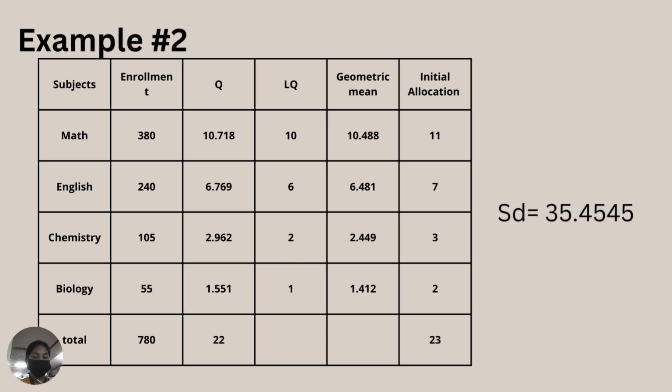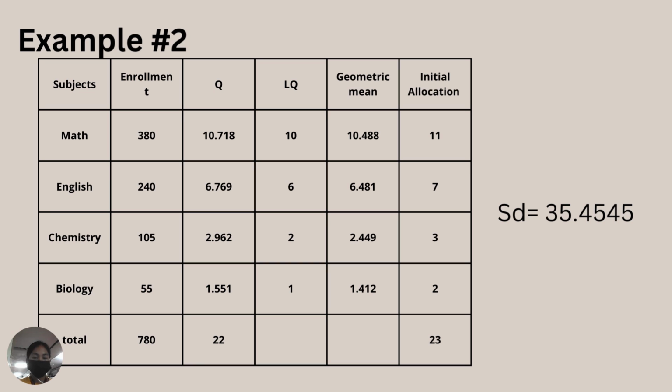The total is 780. So our standard divisor is 35.4545. As I did in the previous slide, we are going to divide the number of enrollment by the standard divisor.